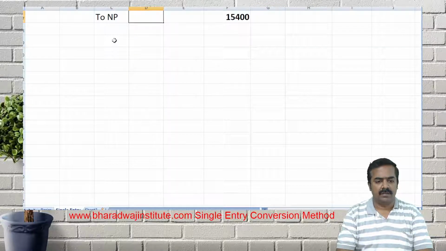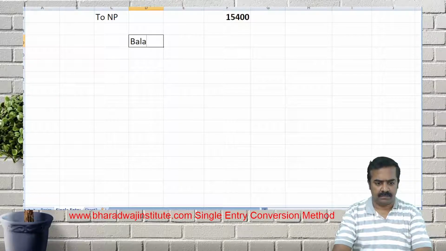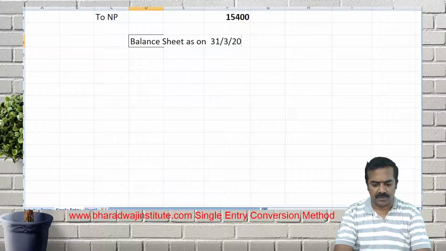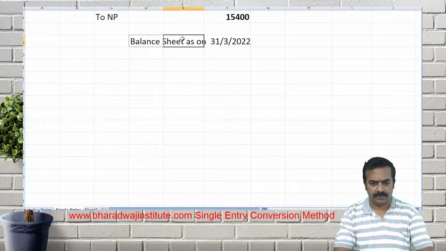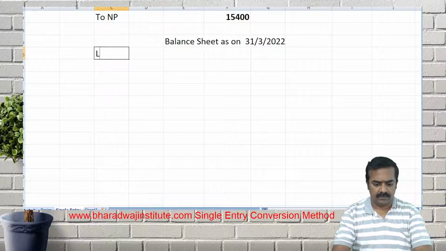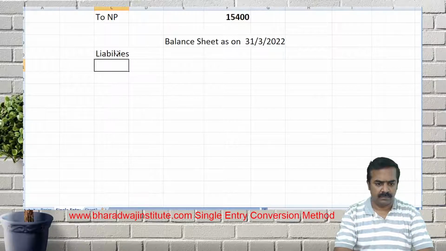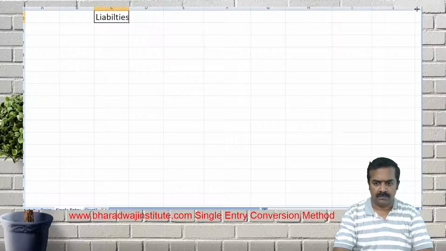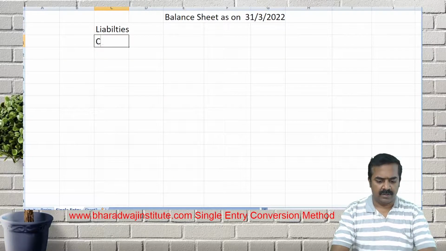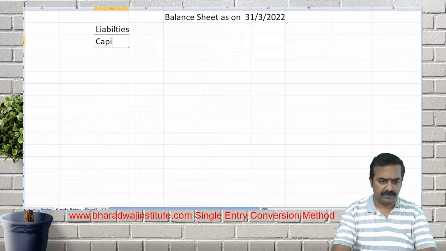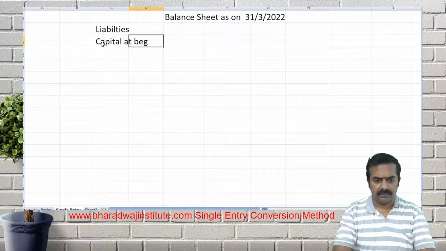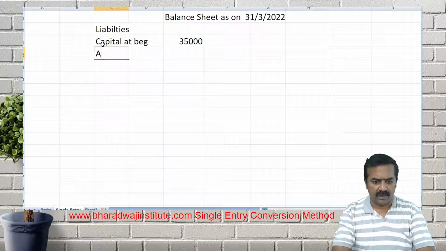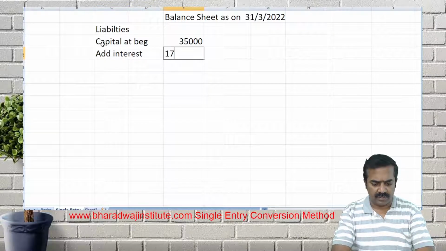Start. Balance sheet as on 31st March 2022. Capital at the beginning, how much? 35,000. Add interest on capital 1,750.